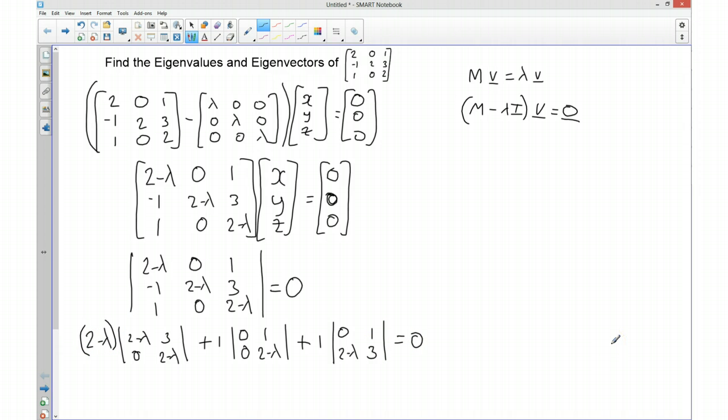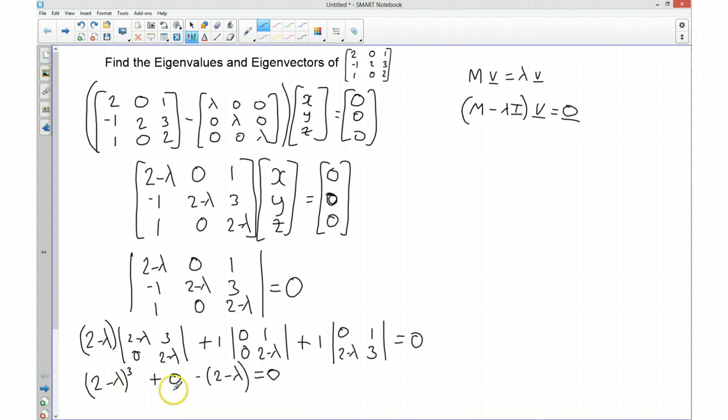Okay, so I now need to expand this, so 2 take away lambda, and this bit here is going to be 2 take away lambda squared, so I'm just going to write this as 2 take away lambda cubed, and then I've got plus, and the determinant of this is going to be 0, so I'll ignore that bit, and then I've got the determinant of this bit, which is going to be 0 take away 2 minus lambda, so it's going to be take away, I need to be careful, that there, and that's going to be equal to 0.